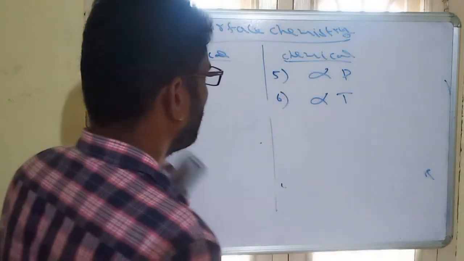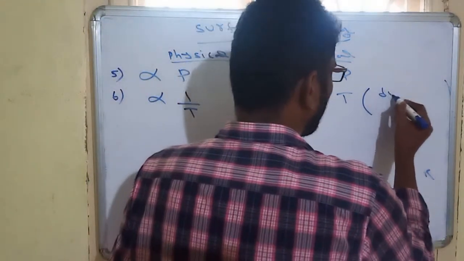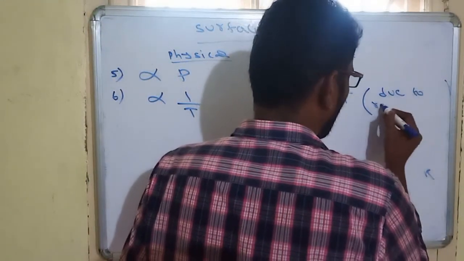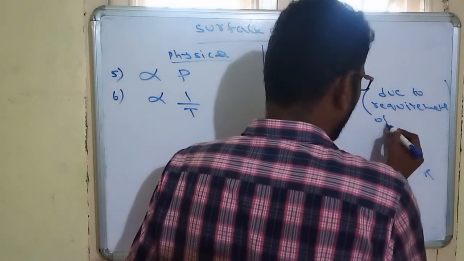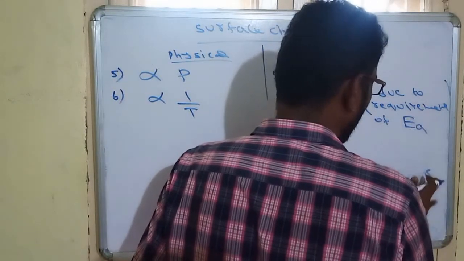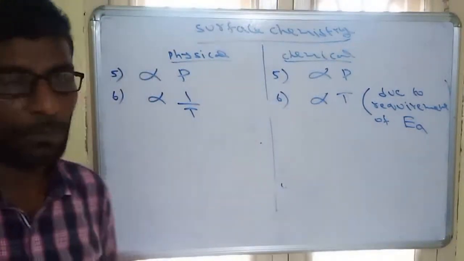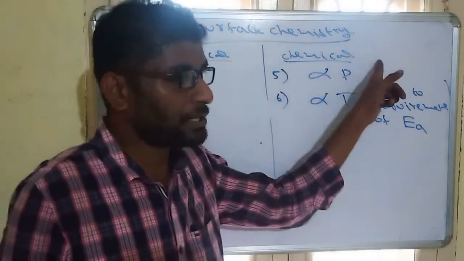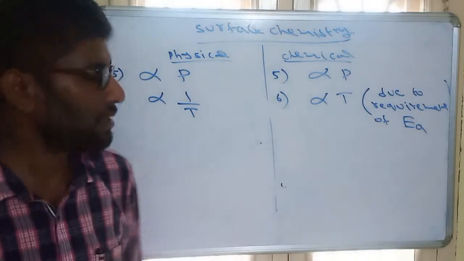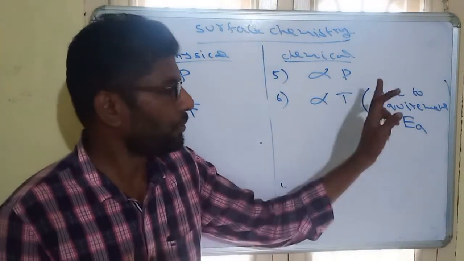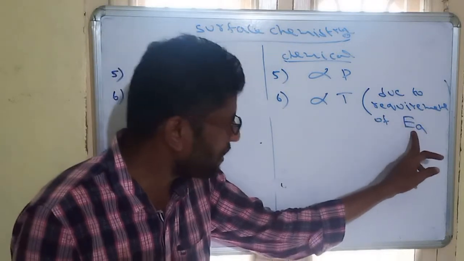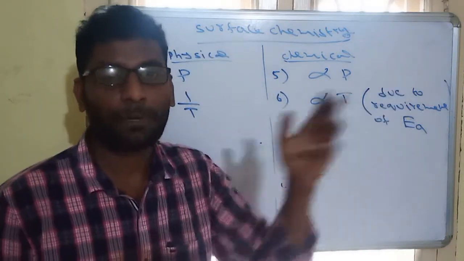Why? Because of the requirement of activation energy. This is the most important. In any chemical reaction, some extra energy is required. That energy is called activation energy. So, due to the requirement of activation energy, adsorption is directly proportional to temperature.